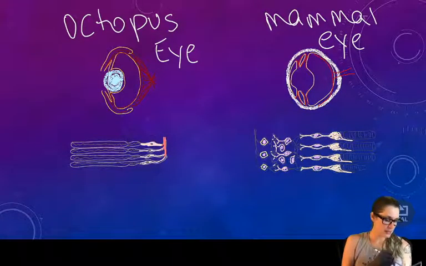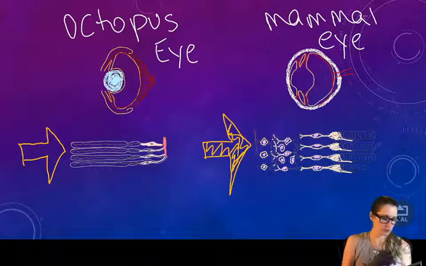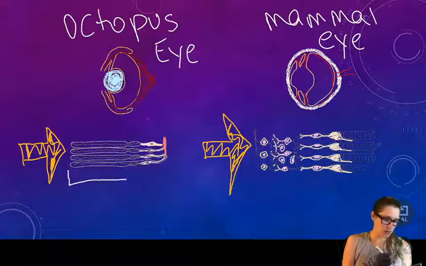So light is coming in from this side, this angle. This is light. And in the octopus eye, these structures right here are the photoreceptors.